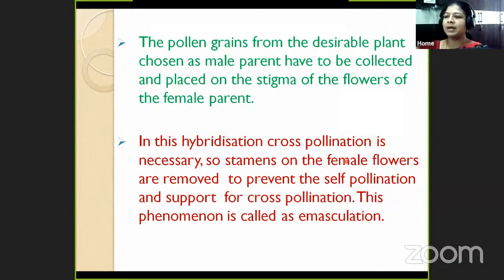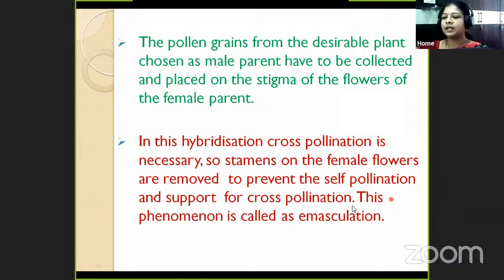Female plants are bisexual in nature. They consist of both male and female reproductive portions. So before pollination, stamens on the female flowers are removed to prevent self-pollination and support cross-pollination.